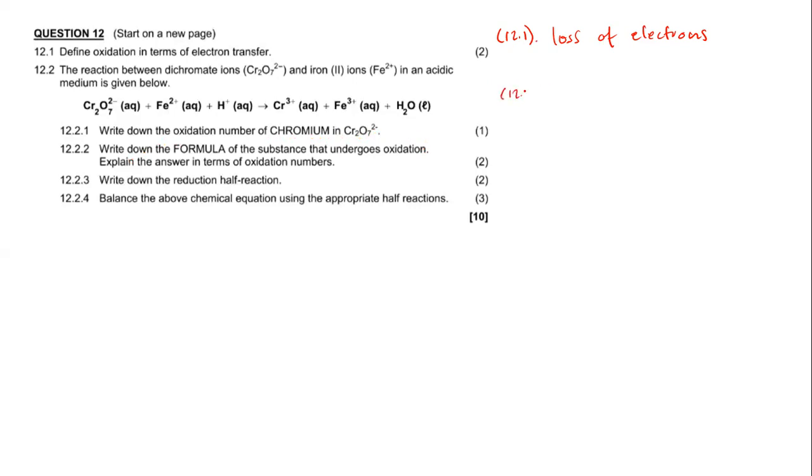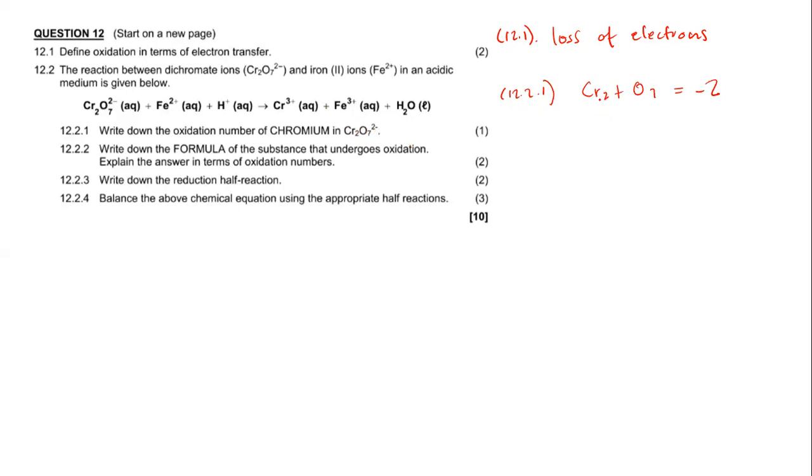So to answer 12.2.1, we can calculate. Cr2 plus O7 is equal to the net charge of the ion, which is -2. If it was nothing, it would be 0.